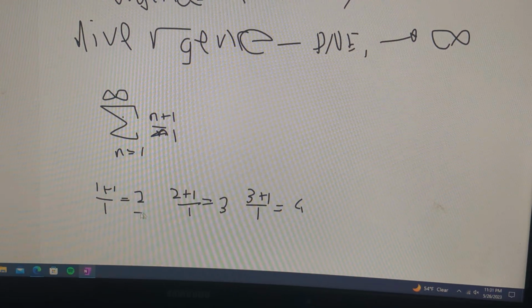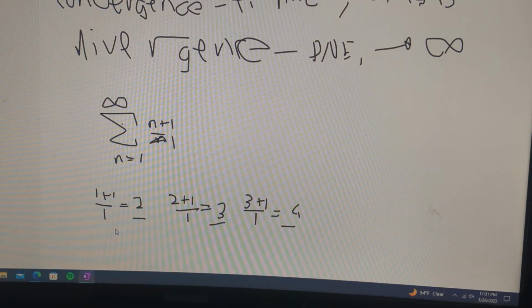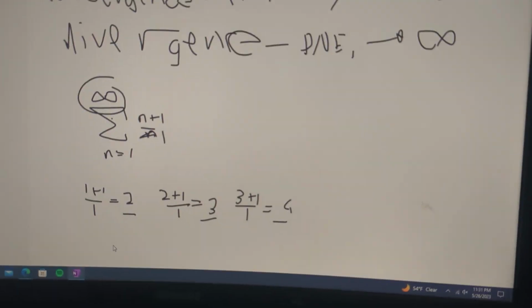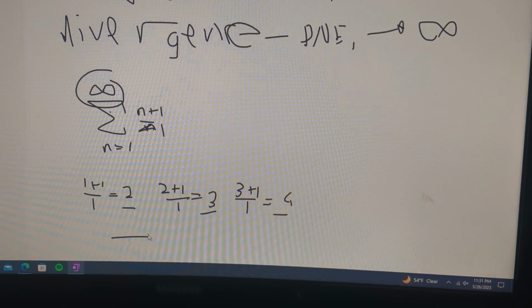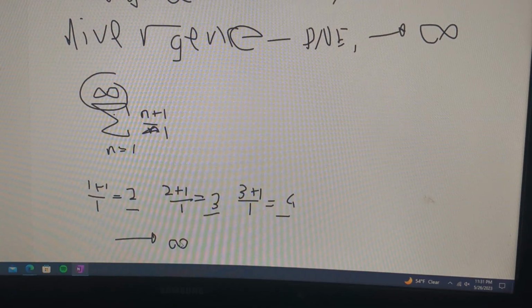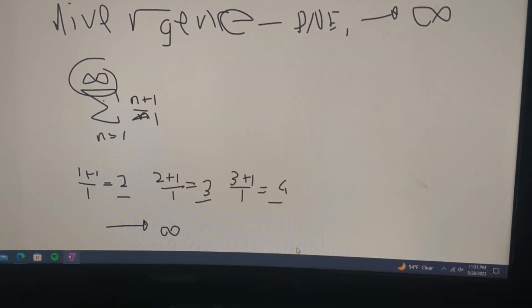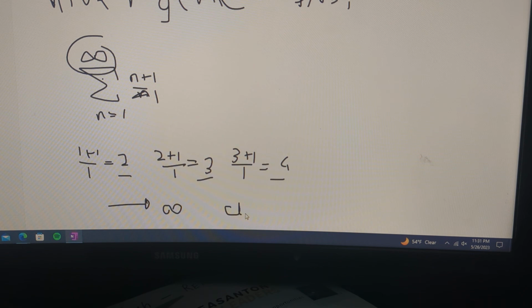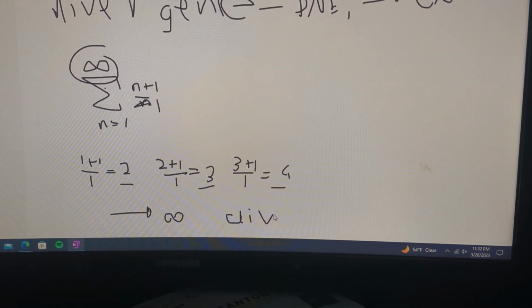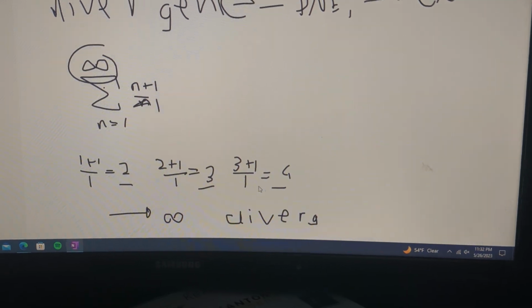What we're seeing is that these numbers gradually increase, and as the series goes on to infinity, this series is going to go to infinity. Hence, the series by itself is divergent. You get the idea.